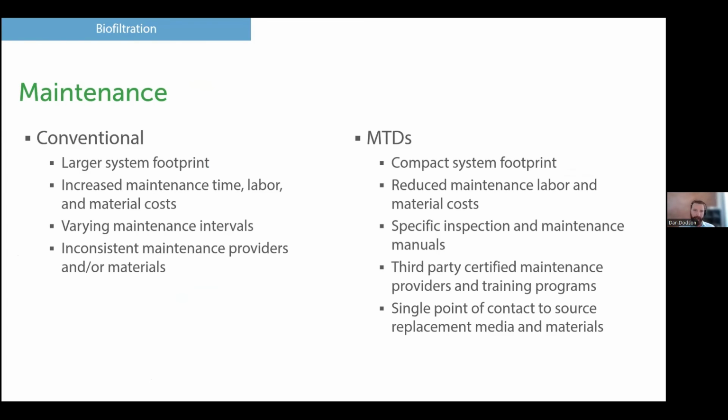Each of us today have already touched on through the presentation, whether you're dealing with separation, filtration, or biofiltration, the conventional systems have that larger footprint, particularly for filtration and biofiltration. So those larger footprints lead to increased maintenance time, labor, and materials needed, which diminishes the overall life cycle cost of the system.